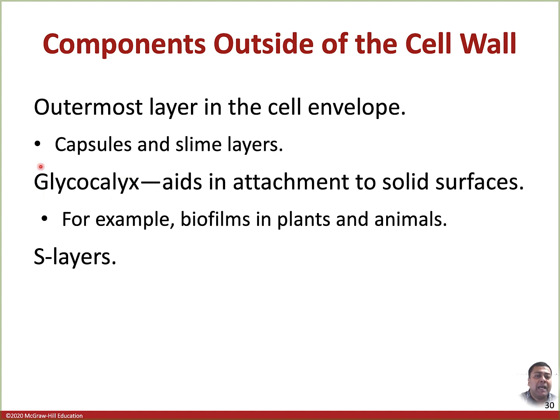Glycocalyx is a generalized term which includes the capsule and the slime layer. So the capsule and slime layer together are a glycocalyx, and it helps the bacteria attach onto solid surfaces. They form biofilms in plants and animals. For example, the plaque that forms on your tooth is a glycocalyx, and the bacteria present in there may have capsules, slime layers, etc.